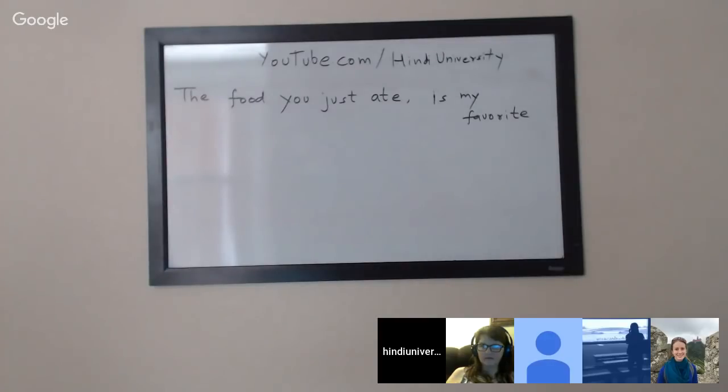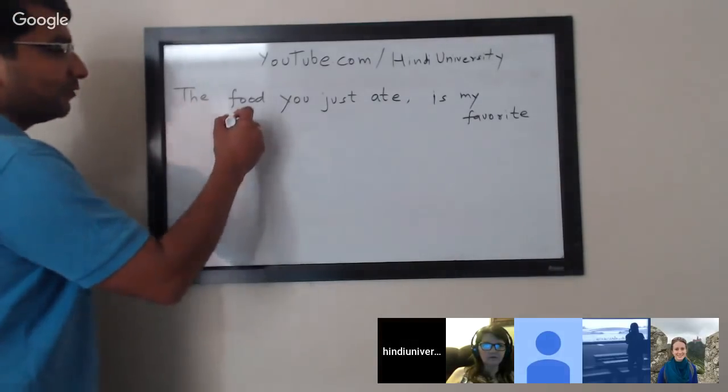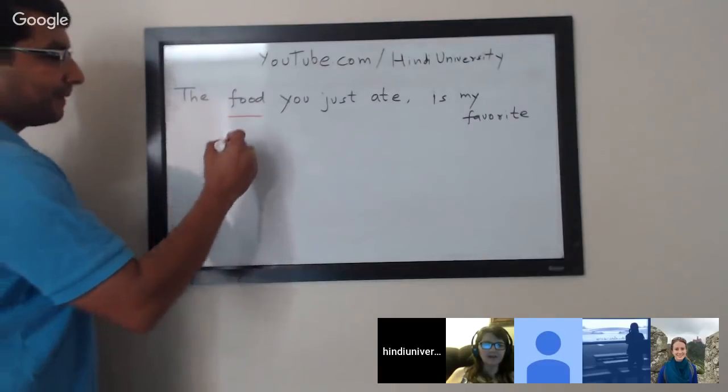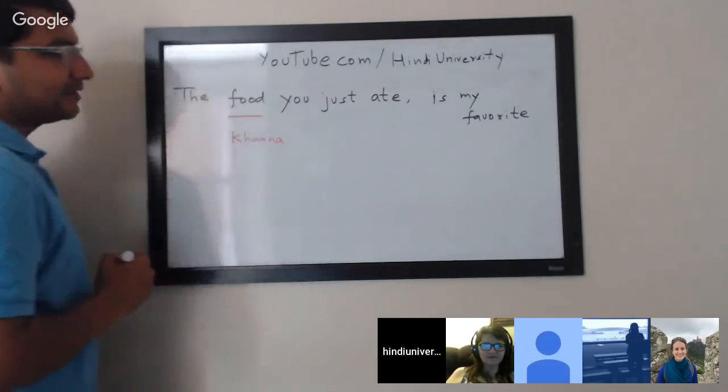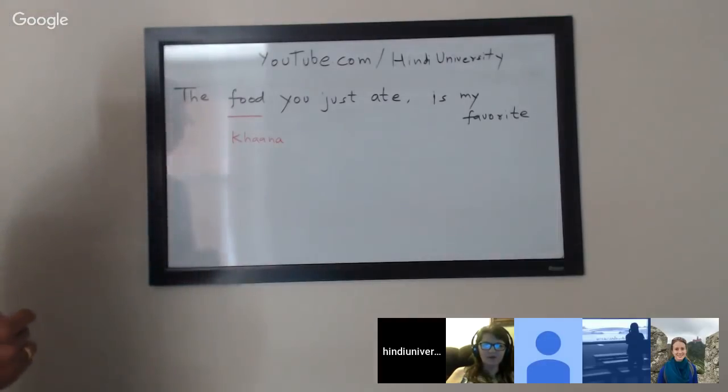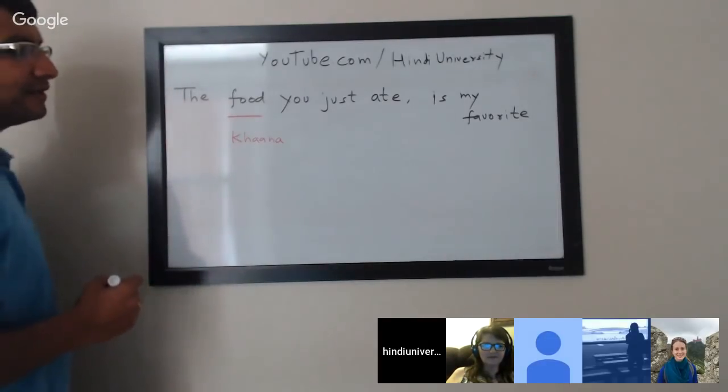So while I think it'll come to you, I can kind of keep the class busy with some keywords. What are some of the keywords that you see, Liz, in this sentence? Sure. So food is खाना. Food is khana. Okay, what else? You is aap.